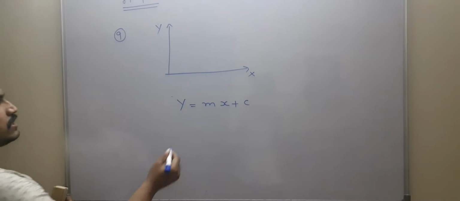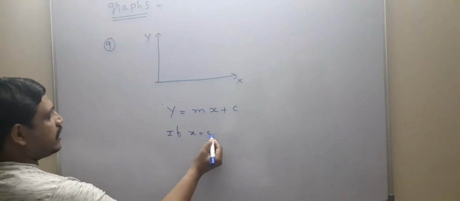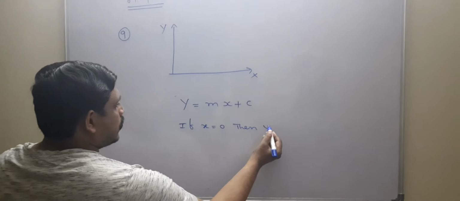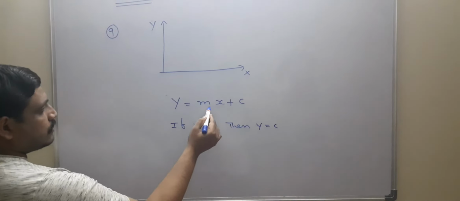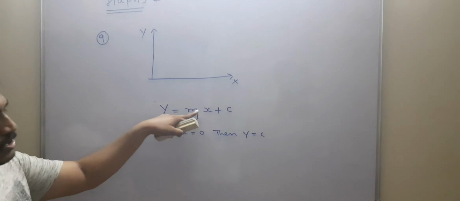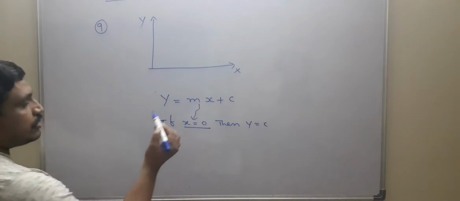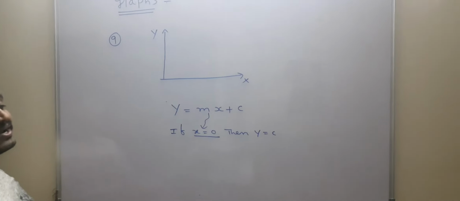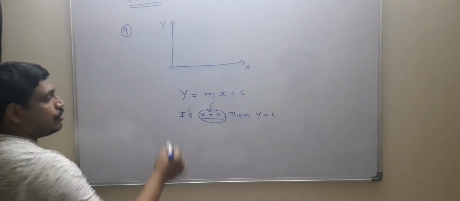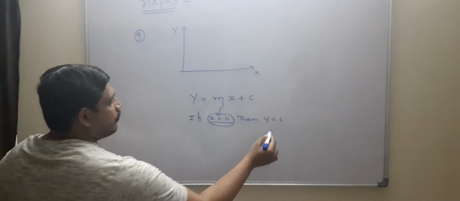Suppose x equal to 0, then what happens to the equation? y equal to c, since 0 into anything is 0. Here x is 0, which in the mathematical meaning is that the point lies on the y-axis. Once again I repeat, x is 0 means the taken point is on the y-axis.